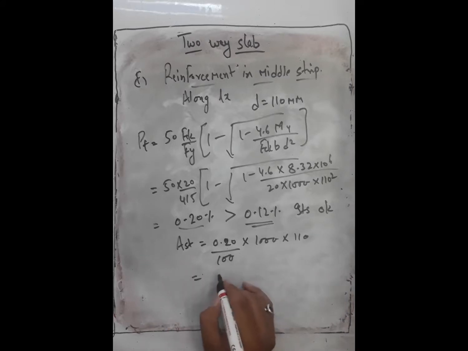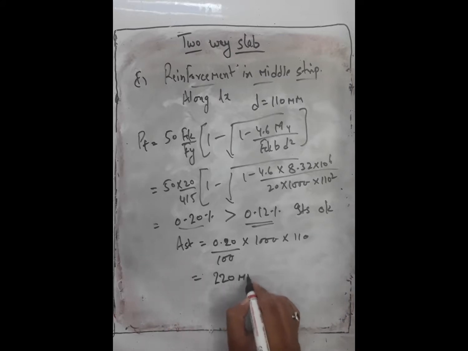So here you get 220 mm square. 220 mm square is the AST. And in previous lecture we already saw that if AST is less than 300 mm, then we have to provide the 8 mm dia, and if AST is greater than 300, then we have to provide the 10 mm dia.